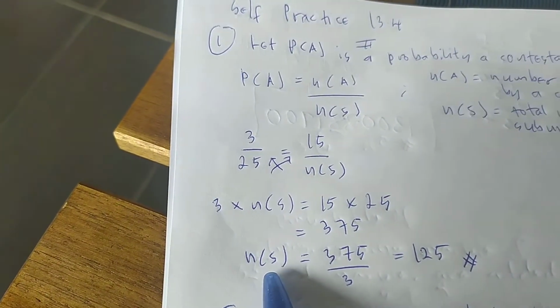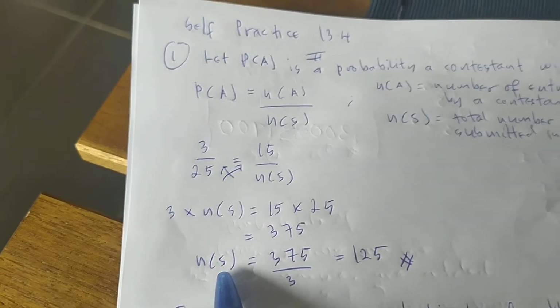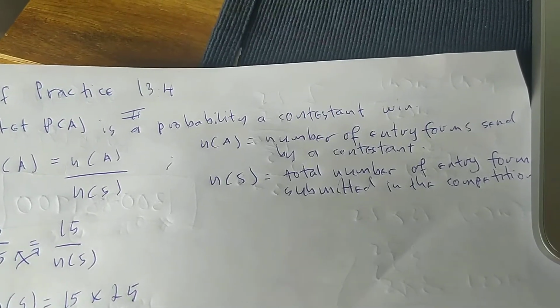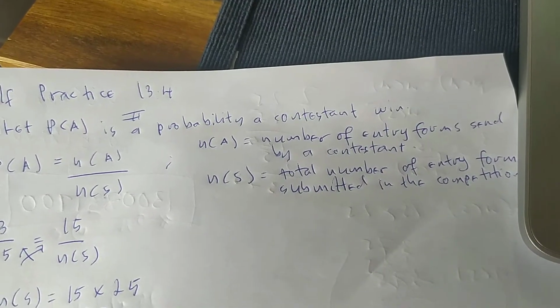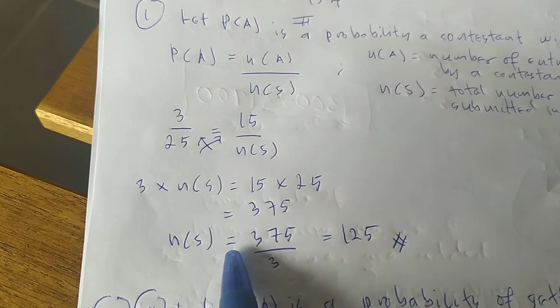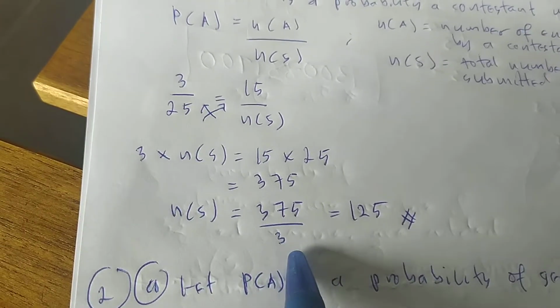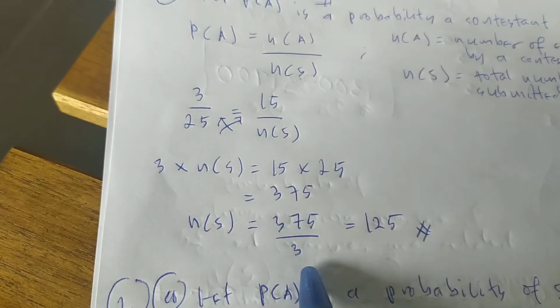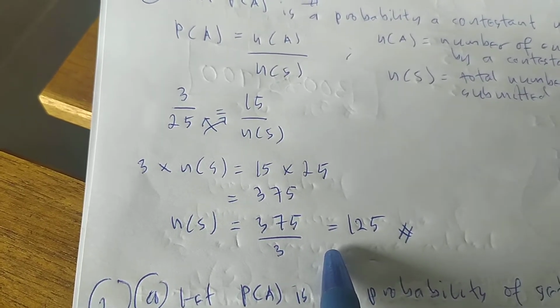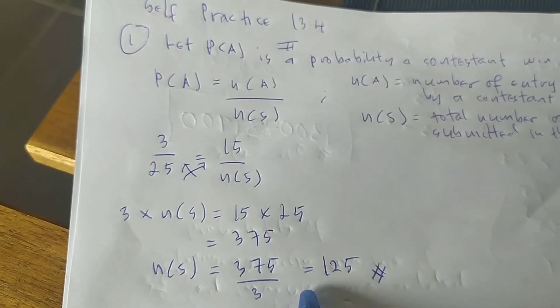Then n(S), the total number of entry forms submitted in the competition, is equal to 375 divided by 3, so you will get the answer 125. That is the answer for question number 1.